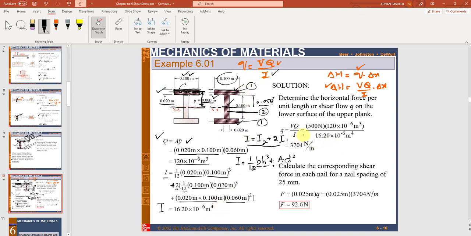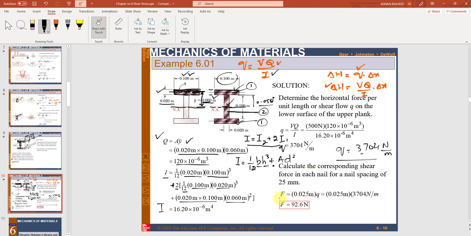So you have to put the values. When you put it, you will have q is equal to 3704 Newton per meter. So this is shear flow. In order to find the horizontal force delta H, delta H will be equal to q into delta X. So q is also available, and delta X is the distance between two consecutive nails.